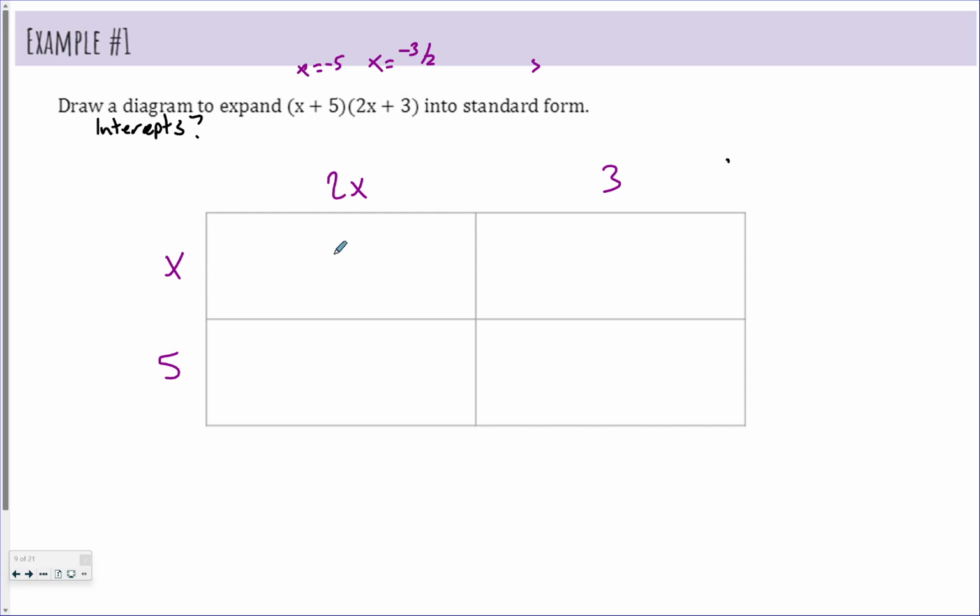And now, each box is the result of multiplying its two pieces together. So what is 2x times x? 2x squared. How about 3 times x? How about 2x times 5? And how about 3 times 5? 15.